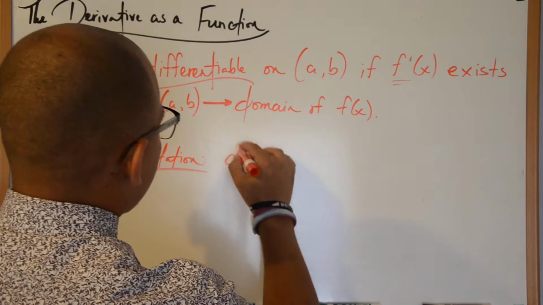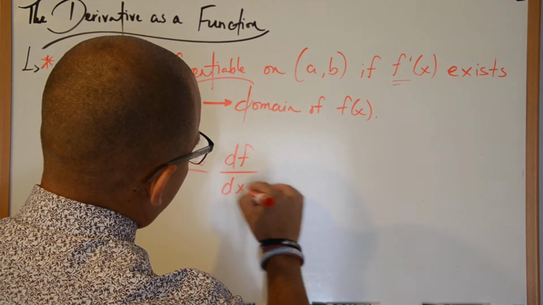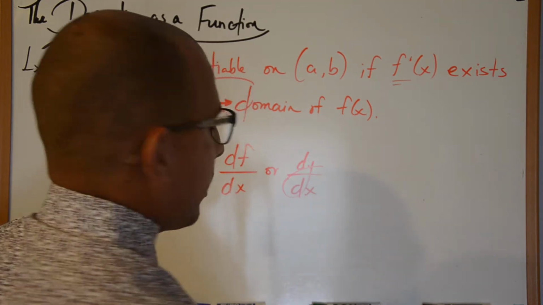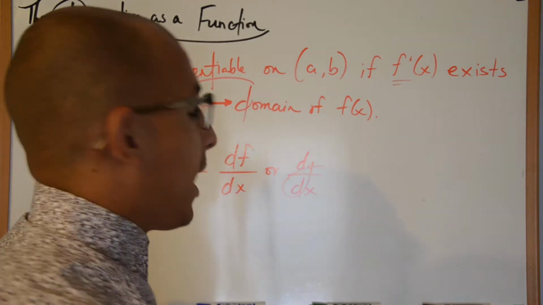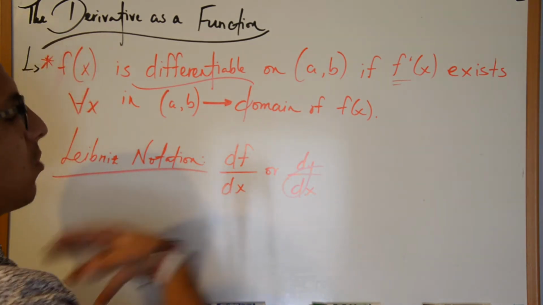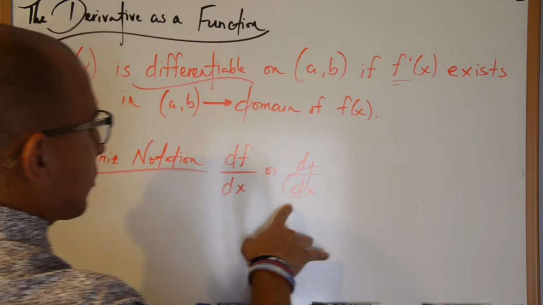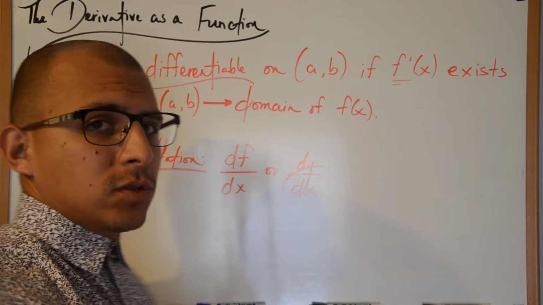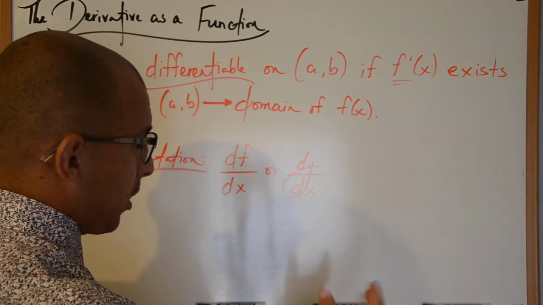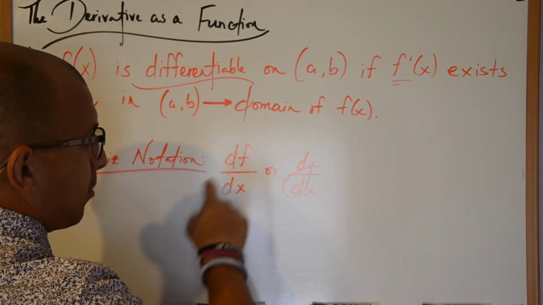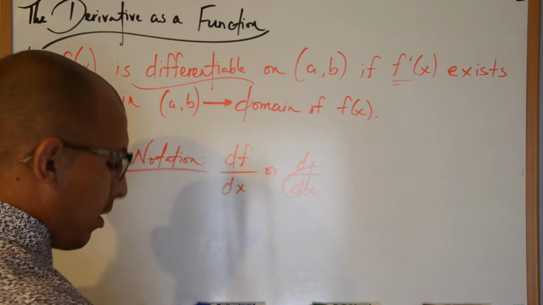But two alternative ways that we can indicate we have a derivative that we are working with is df dx, or dy dx. The derivative of the function, remember y is another way of writing the function, with respect to x. This is the variable that we are actually deriving.